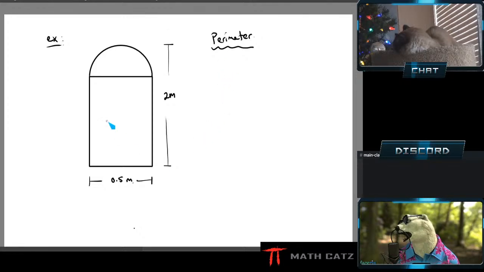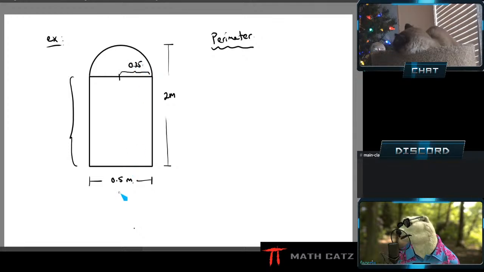So I need to figure out all these segments, right? Everything around, and for the circle part, I just need the radius, right? The radius is certainly maybe the easiest thing to find next. It'll be half of the width, so it'll be 0.25.